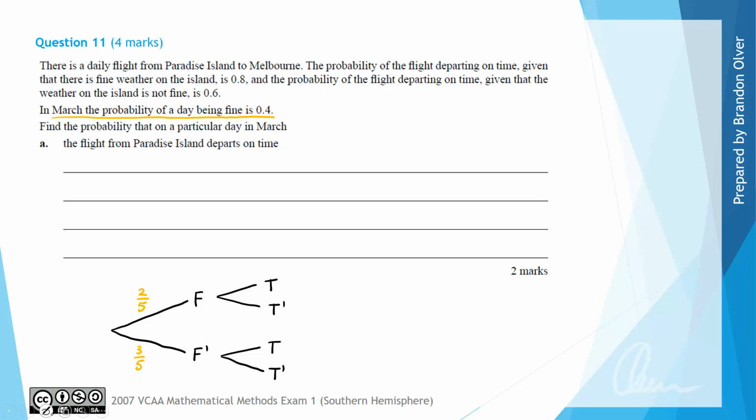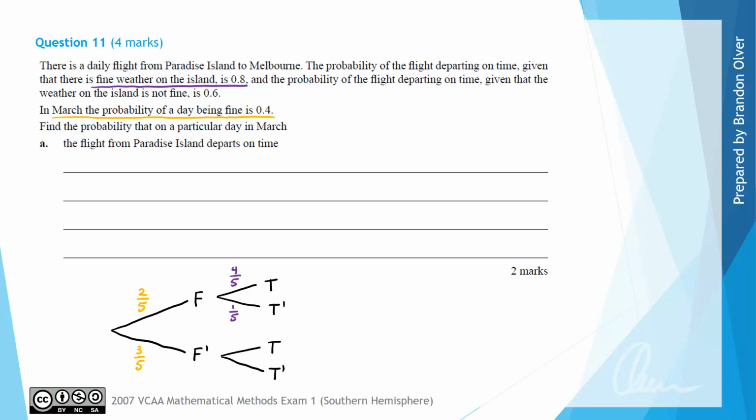over 5. Next we know that if the weather is fine, then there is a 0.8 chance of the flight departing on time. So if it is fine, there is a 4 over 5 chance, or 0.8 chance, that it will depart on time. That means there would be a 1 in 5 chance that it doesn't depart on time.